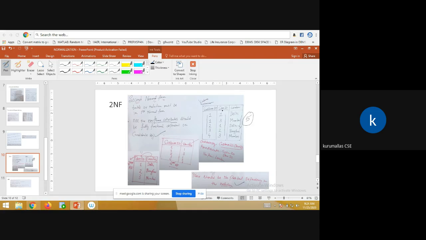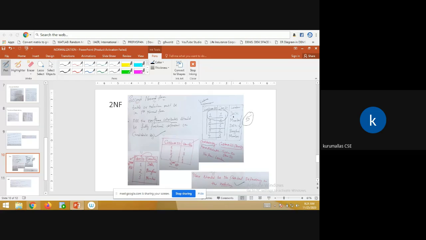Customer ID and store ID individually are not candidate keys. But if we combine these two, 1 1, 1 3, 2 1, 3 2, 4 3, we get a unique row. So the composite candidate key is customer ID and store ID.